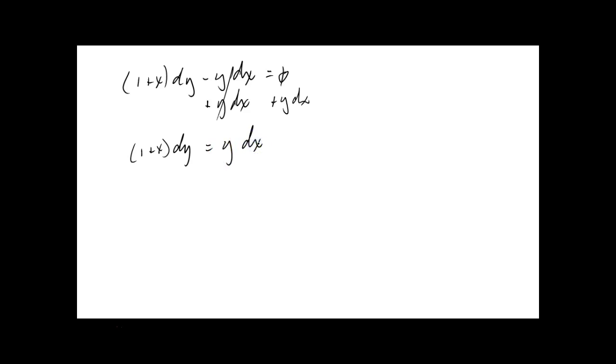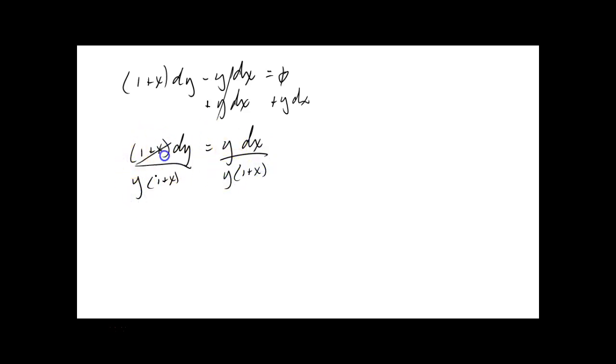Okay? Now is where you separate your variables. This term right here has only x's in it, but it's with the dy. This term has only y in it, but it's with the dx. So let's divide both sides by 1 plus x, but also divide both sides by y.